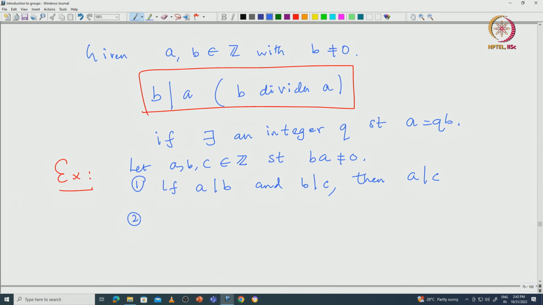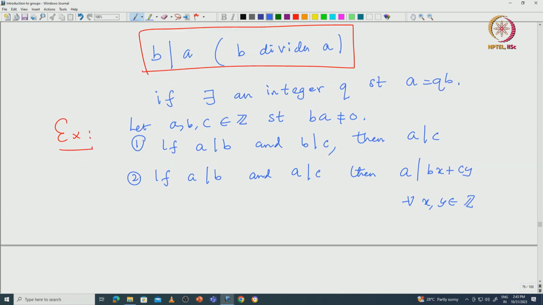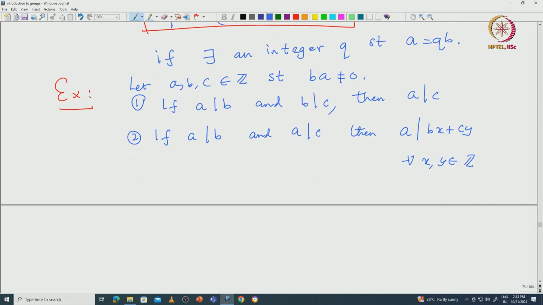The second property: if a divides b and a divides c, then we can take any integral combination of b and c, and that should be divisible by a. So a divides bx plus cy for all x, y integers, and this can be extended to any finitely many integers.